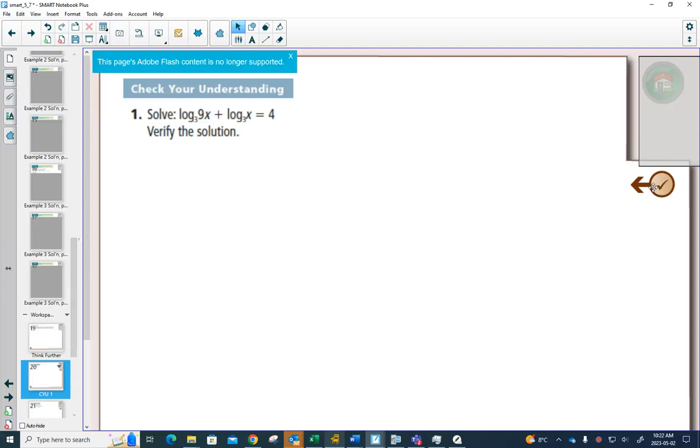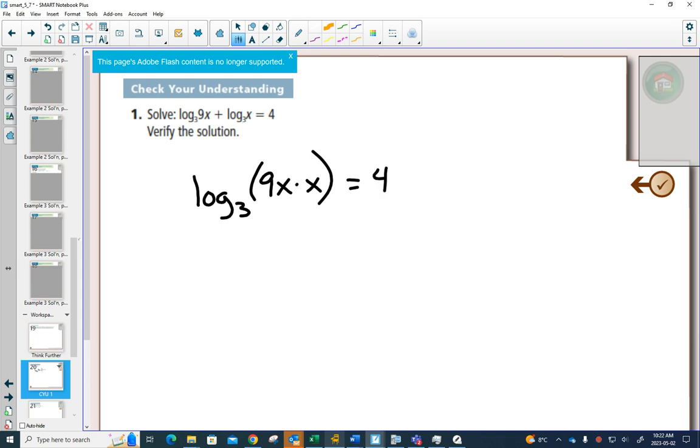In order to do that, the first thing we need is a single logarithm. Do I have a single logarithm? No, I have two logarithms. So I use my log laws to combine them. In this case, we're adding, so adding two logs with the same base is multiplying inside the logarithm.